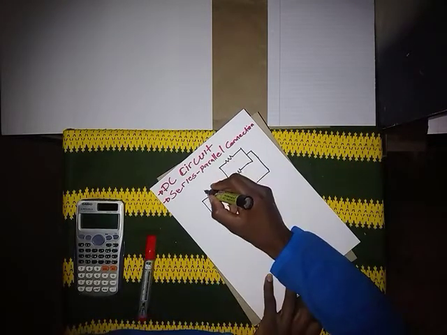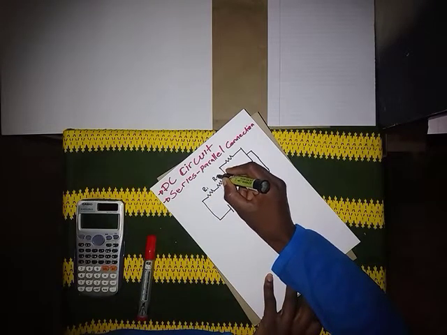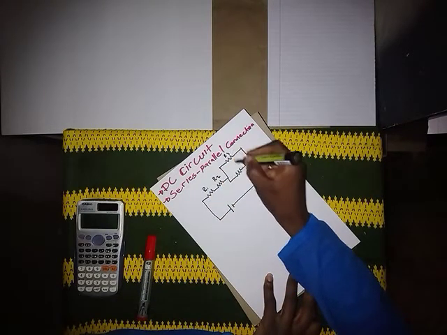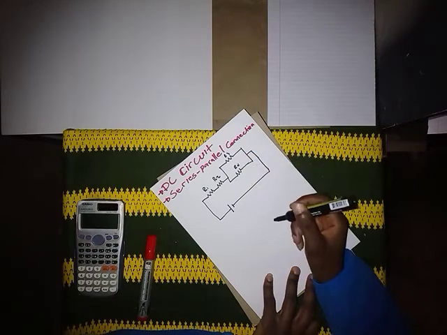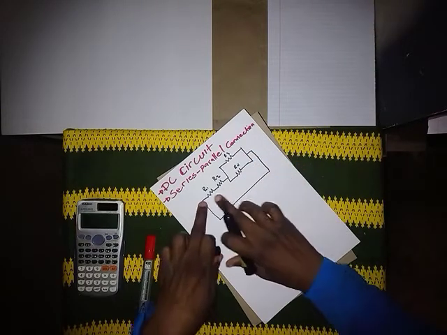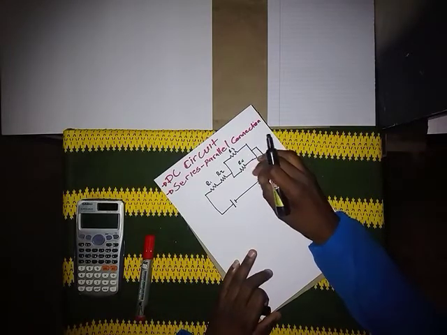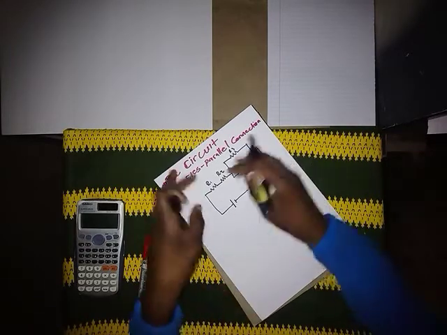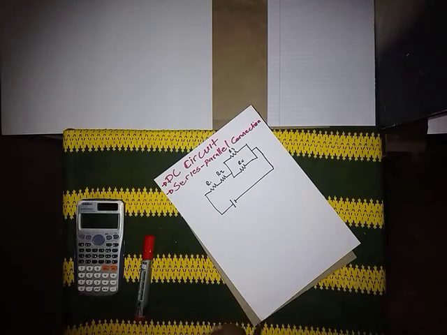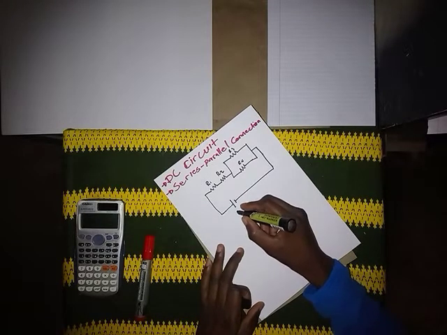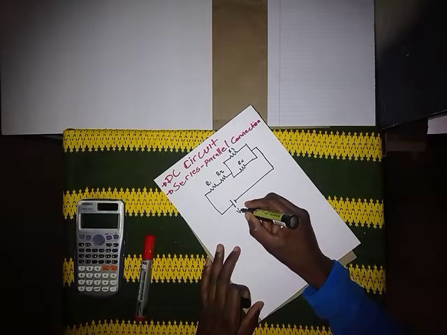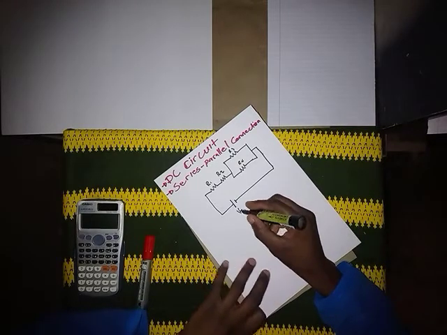We can say this one is R1, R2, R3 and R4. Here you can see that R1 and R2 are in series. R3 and R4 are parallel, but they are also connected into one circuit. This one is VT or VS.